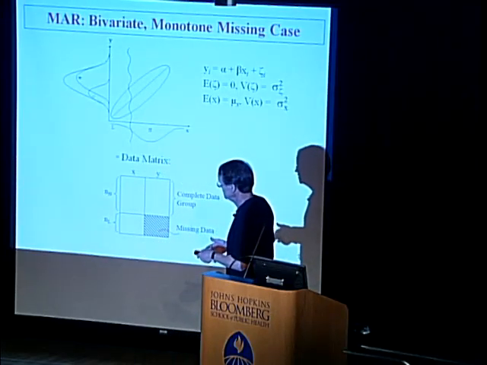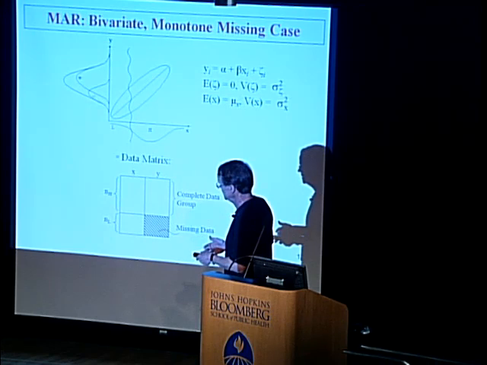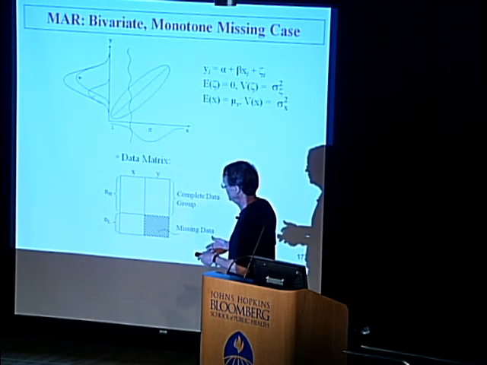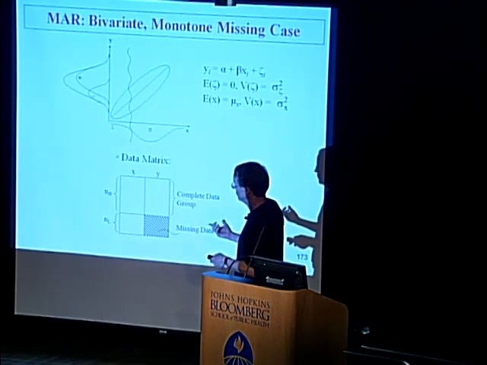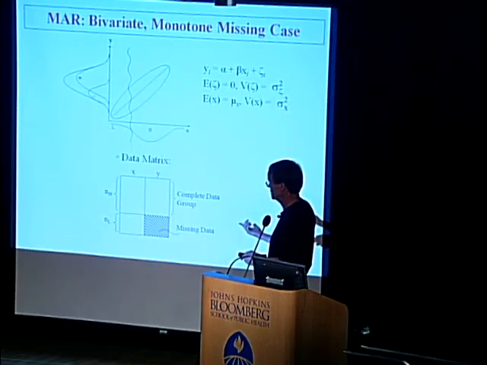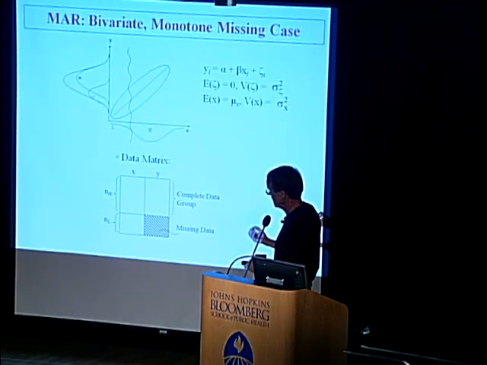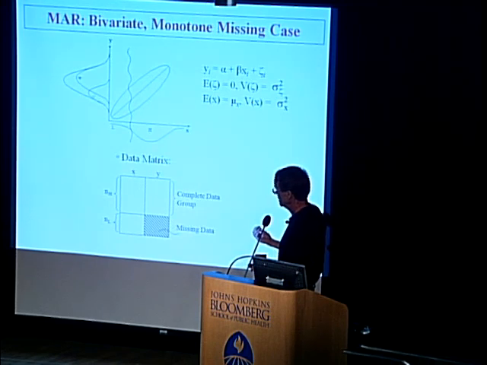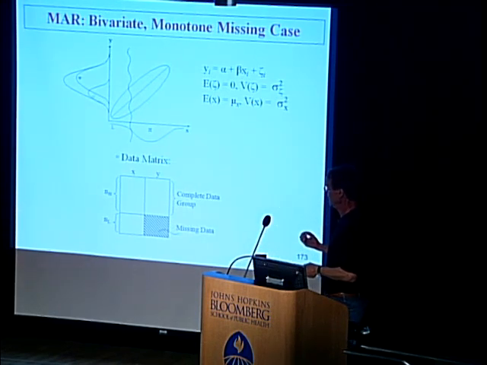NH, these people in this top box, they have complete data on both X and Y. Those are the people you would use if you did listwise deletion. Whereas down here, for these people, you only have data on X. You have missing data in the shaded area for Y.